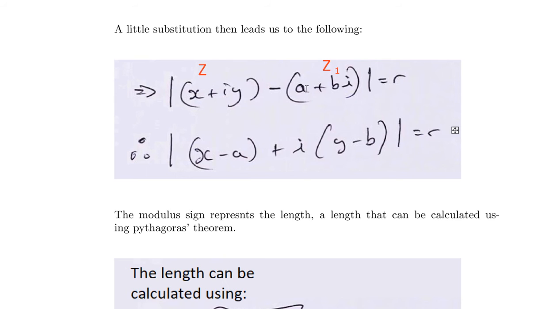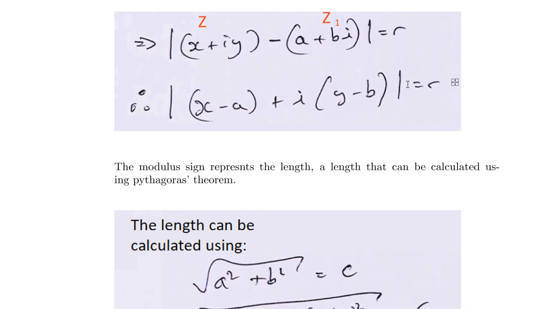This x minus a is in the real part. The iy and the bi are both imaginary, and this is a minus, so if I factorize out that minus, I end up with y minus b in the imaginary. So I'm left with this.